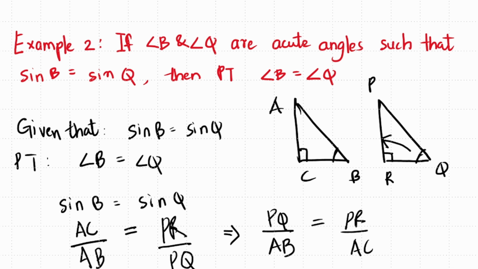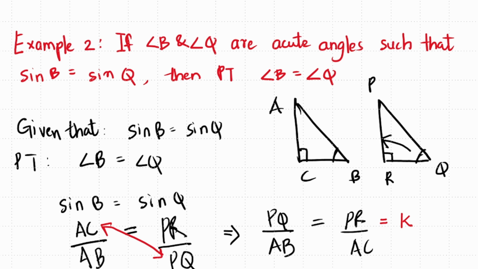Nothing but we just cross multiplied this AC and PQ, just did a small interchanging. If you're wondering why we are doing this, I'll explain in the next step. We'll write this is equal to K. Why K? See, these two are ratios, right? These two ratios are equal to a constant value, that is K, right? PQ by AB, PR by AC.